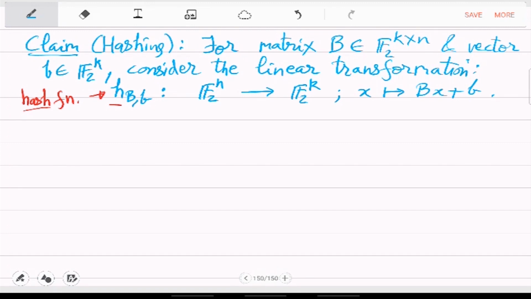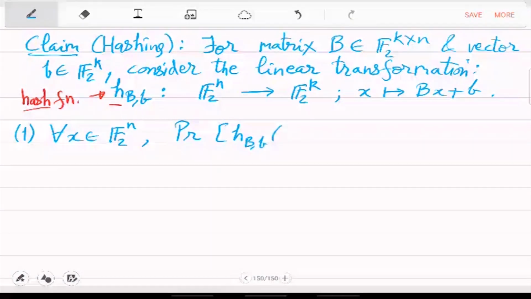The property that makes it useful is that for every element x in the big ambient space, the probability that the hashed value of x is 0, as you pick the matrix big B and vector small b randomly, is 1 by the number of buckets.